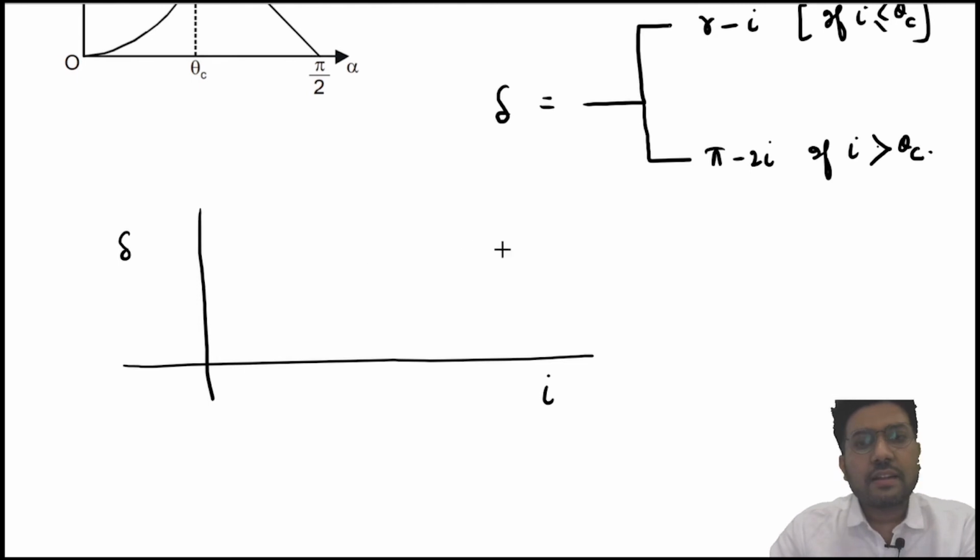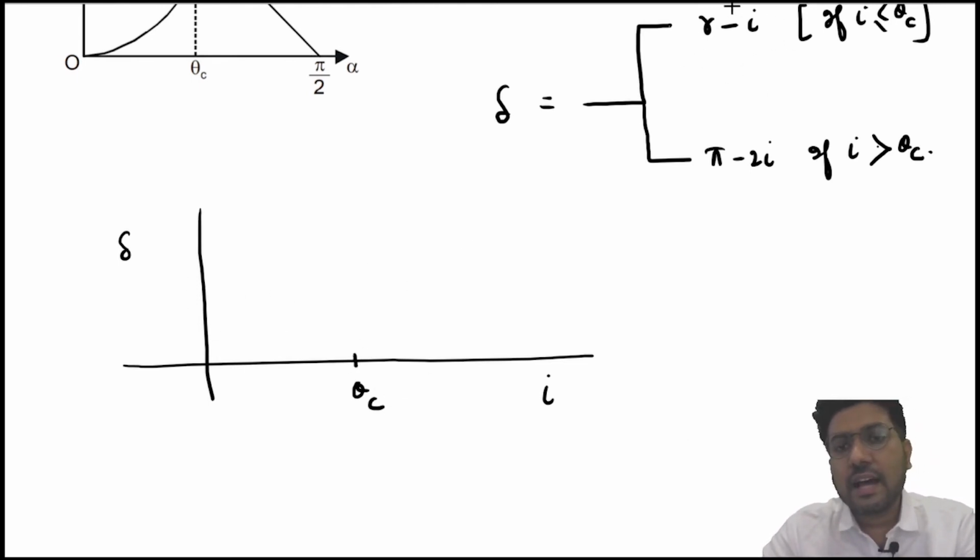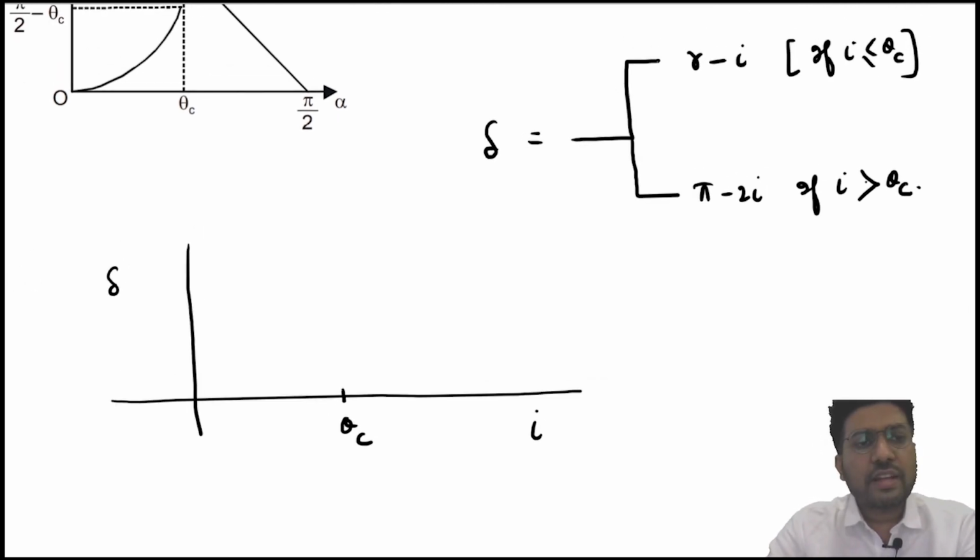You know that for I less than theta c, you have to see the refraction, right? And for refraction the maximum value of the angle of deviation comes at I equal to theta c, and that value is pi by 2 minus theta c.